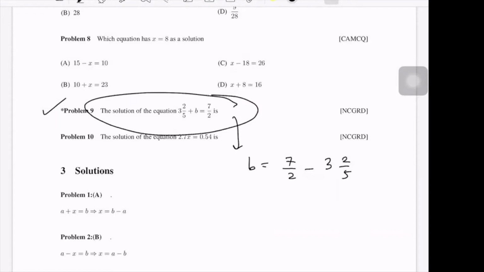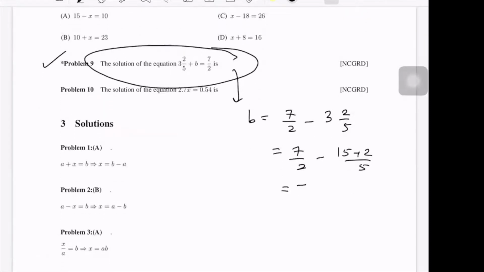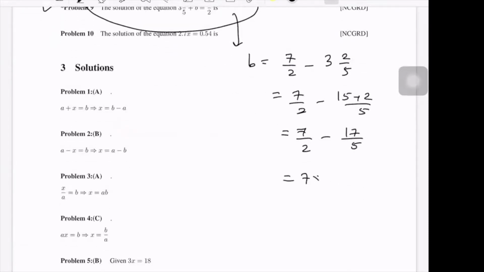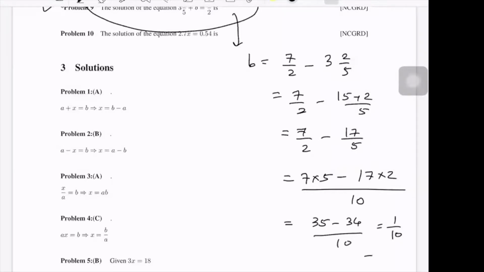So this is 7 by 2 minus 15 plus 2 by 5. So this is 7 by 2 minus 17 by 5. So this is 7 into 5 minus 17 into 2 divided by 10. So this is 35 minus 34 divided by 10, which is 1 by 10. 1 by 10 is nothing but 0.1.